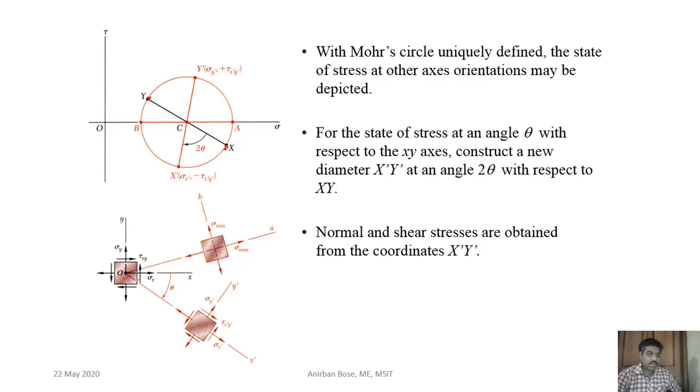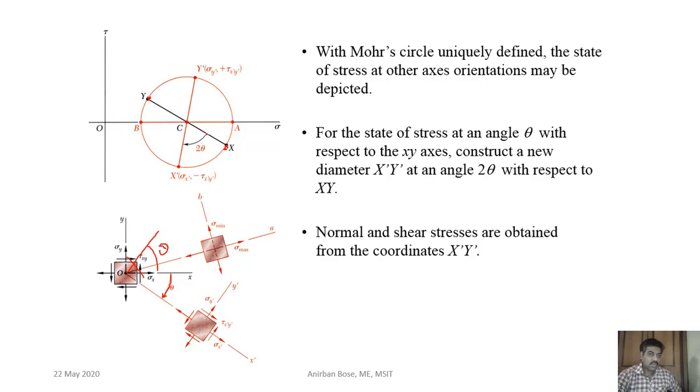Now suppose you want to know at some point which is at an angle, say any arbitrary angle, say theta, from the x-axis. I want to know what is the normal stress and shear stress component. Okay, so what we'll do, you simply rotate by an angle 2 theta in the Mohr circle. So suppose here we want to know a plane which is say theta in the clockwise direction.